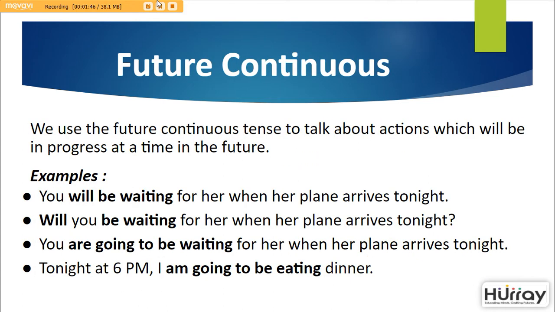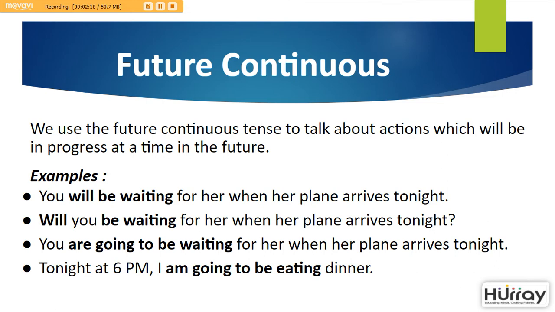Now let us look at the future continuous tense. We use the future continuous tense to talk about actions which will be in progress at a time in the future. For example, you will be waiting for her when her plane arrives tonight. If you put it in the form of a question, this is how it appears: Will you be waiting for her when the plane arrives tonight?